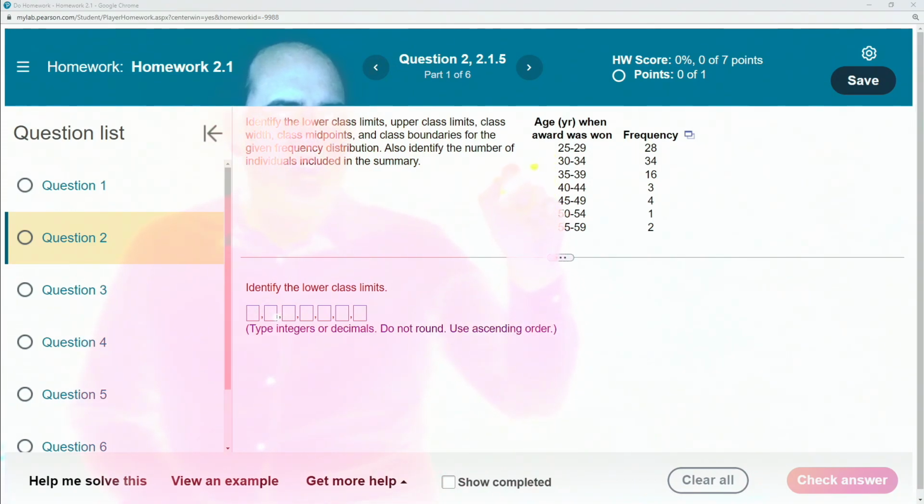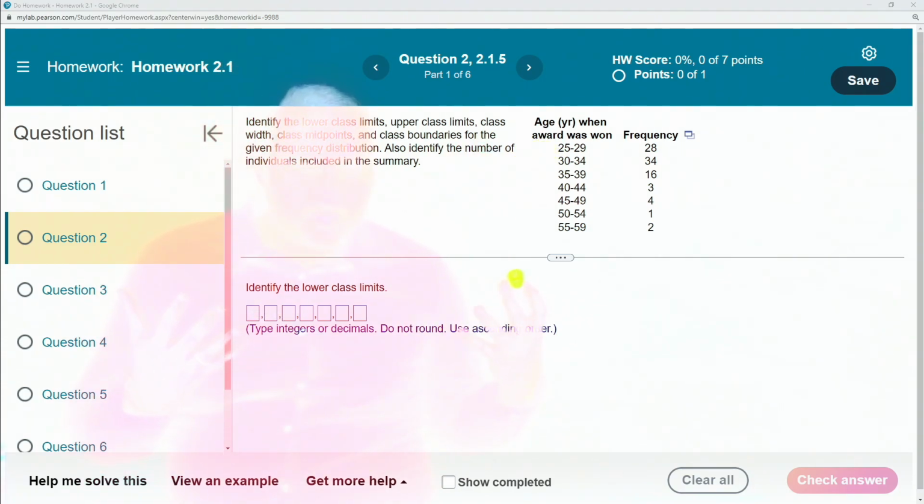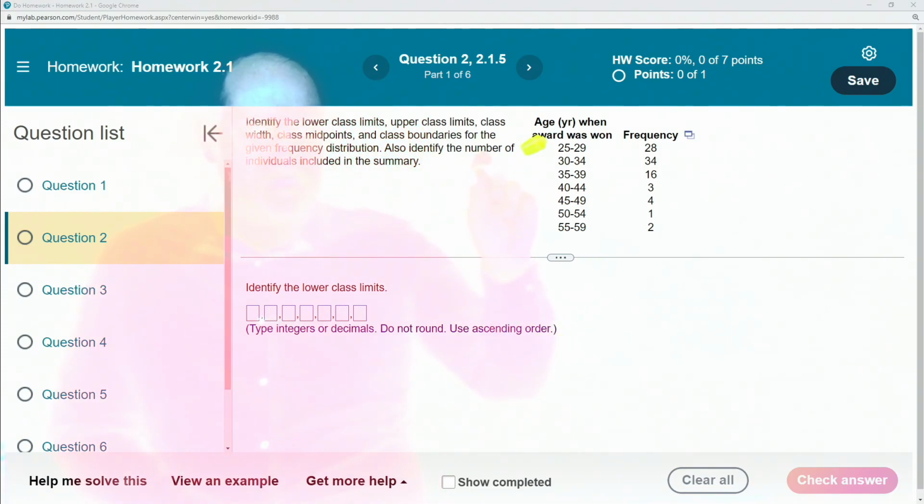It's already been constructed. The lower class limits are represented by the numbers on the left of each class. So the first lower class limit is going to be 25. Sorry, I know the colors look a little weird on this setting, but I found that this is the best way for you to actually be able to read the screen.